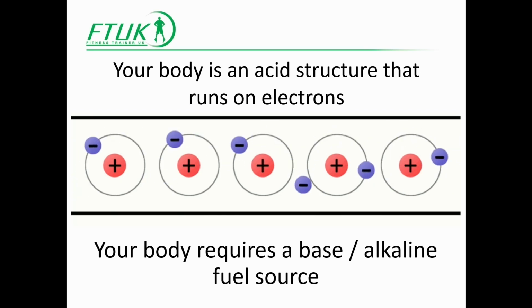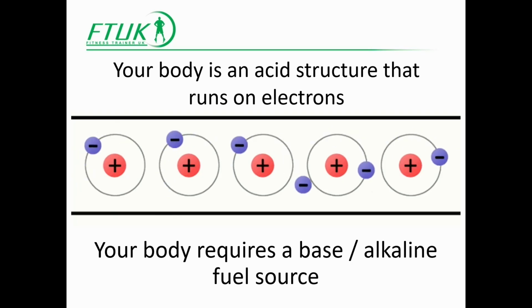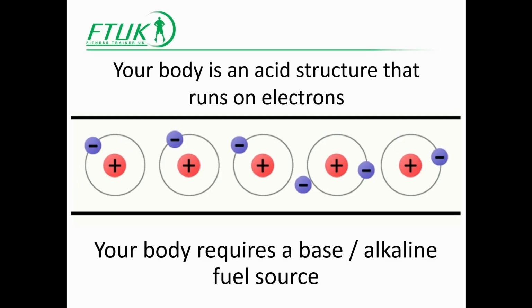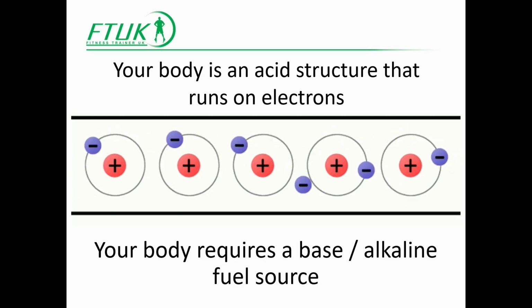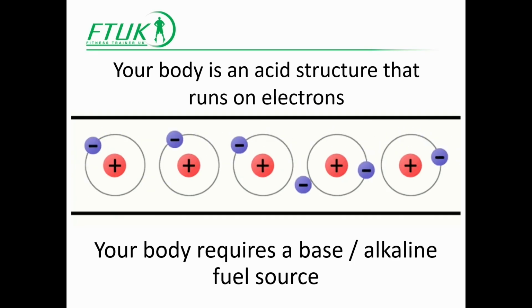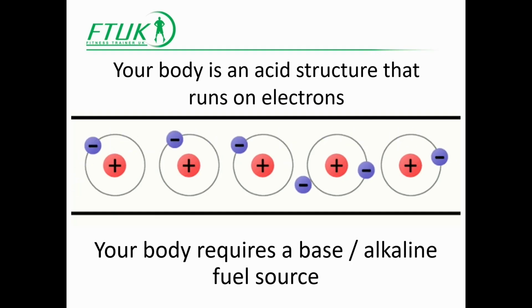Remember, the electron has a negative charge. The protons have a positive charge. Now, if you don't have an alkaline food source, that means you're going to be getting a lot of protons. That becomes a very acidic environment internally because you're already made of acids. So if you're made of acids and you eat an acidic diet, go back to school.